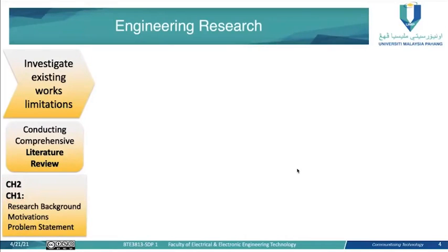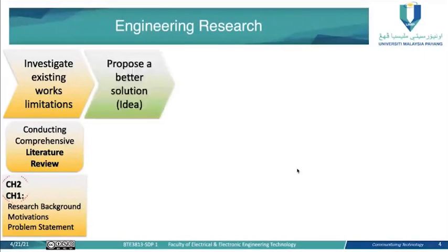After you do the literature review and come out with chapter 2 and some part of chapter 1, you need to complete chapter 1, because chapter 1 consists of several parts. Since we only have 3 parts so far, there are more parts. The rest of chapter 1 comes from proposing a better solution or idea for the existing problem. After you know the problem in your field, the problem statement, you can come out with the idea to propose.